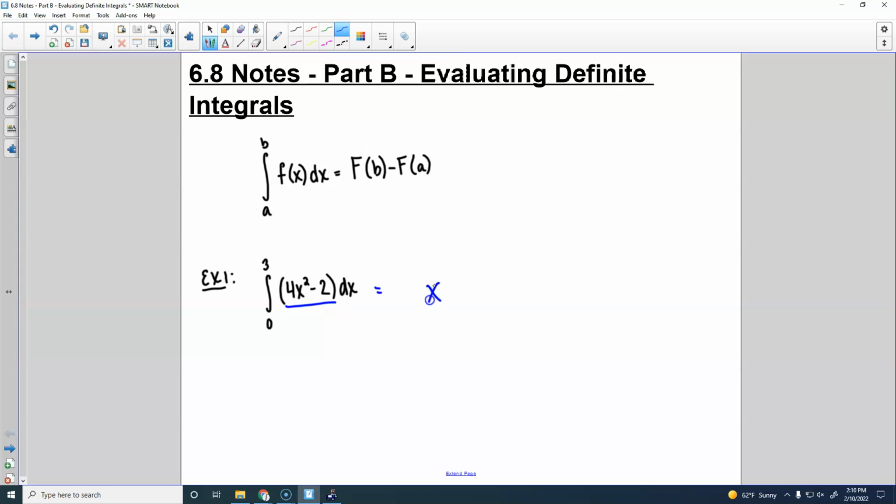We add 1, so we get 3 here. Divide out front by that exponent, so we get 4/3 x to the third. And then for the minus 2, we get minus 2x. I'm going to put a plus c here, but I want you to think about whether or not it's necessary.